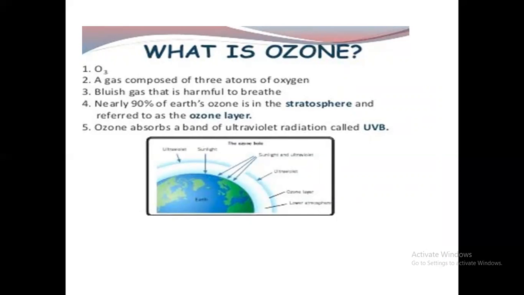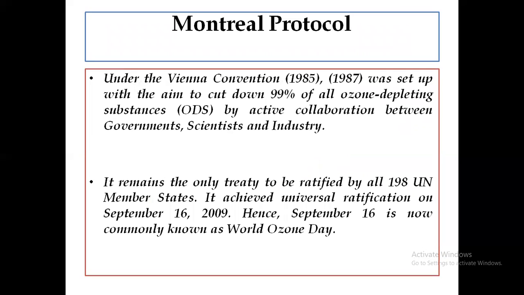Now, a very important protocol related to the ozone layer is the Montreal Protocol. Under the Vienna Convention of 1985, it was set up in 1987 with the aim to cut down 99% of all ozone depleting substances, ODS, by active collaboration between governments, scientists, and industry.